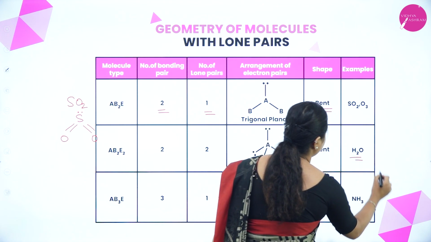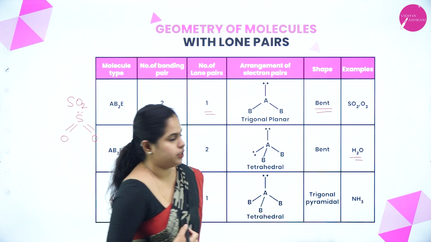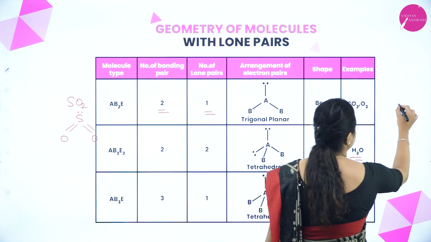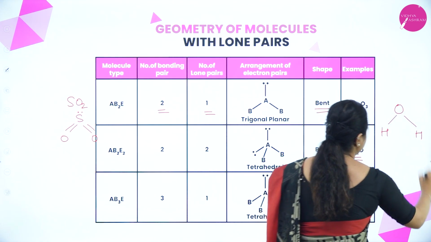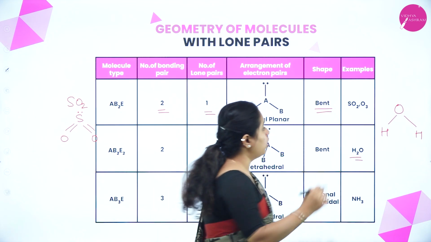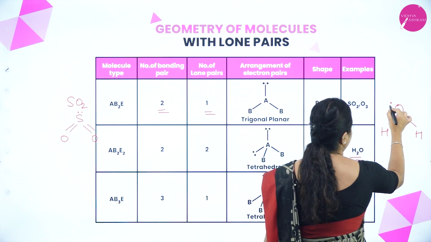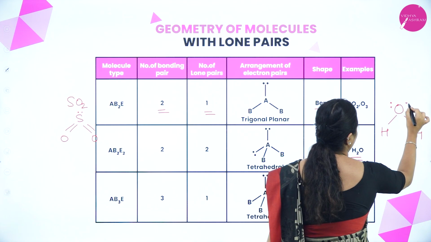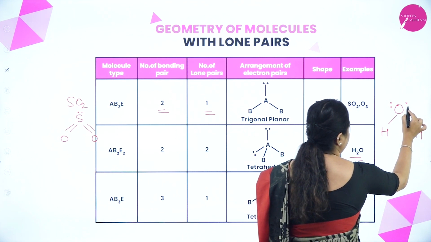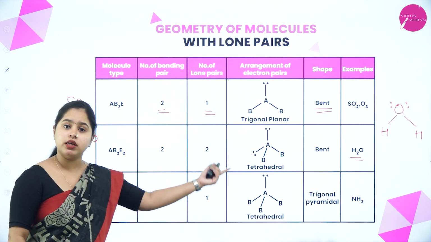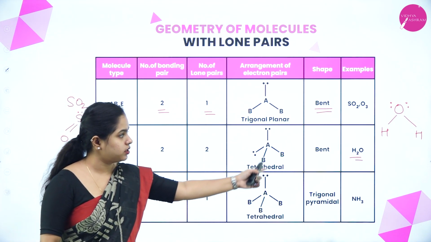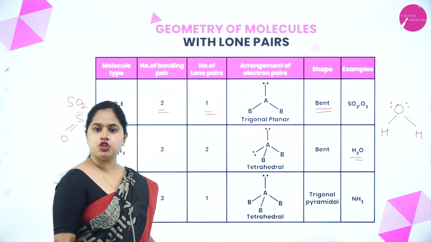Let's take the example of the water molecule, which is very familiar to us. H2O, and on the oxygen atom, there are 2 lone pairs as well. What are the total number of bond pairs here? 1 and 2. 2 bond pairs and 2 lone pairs.